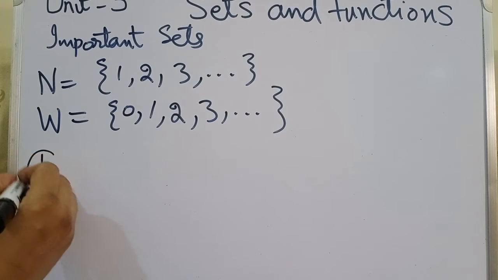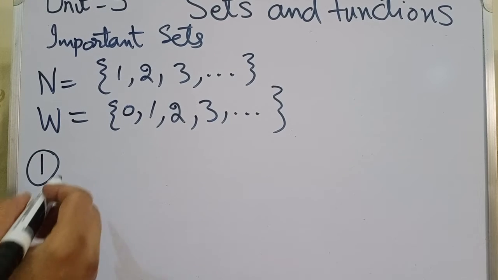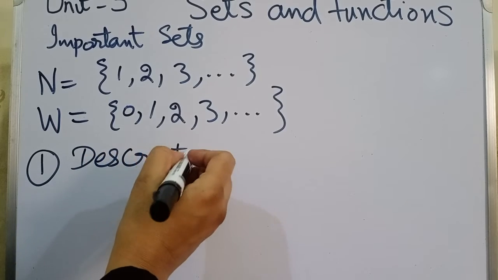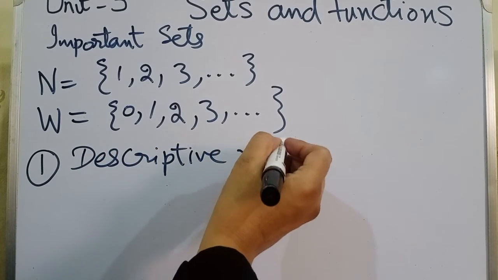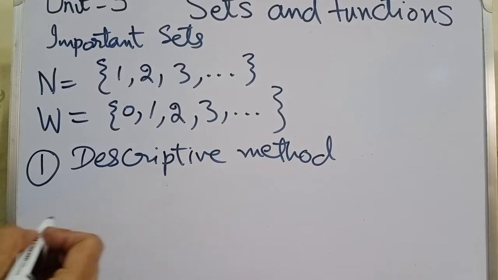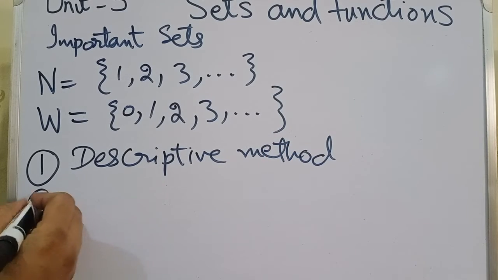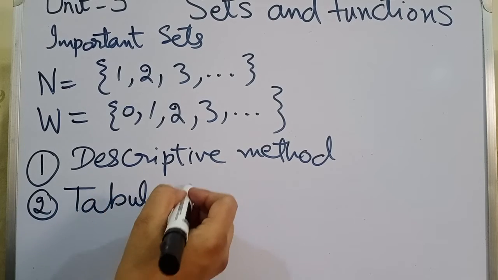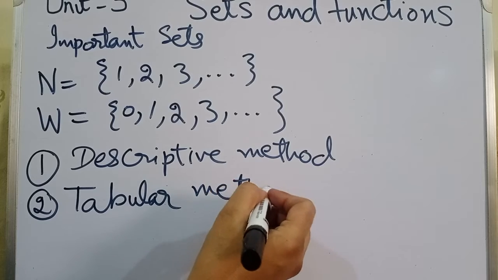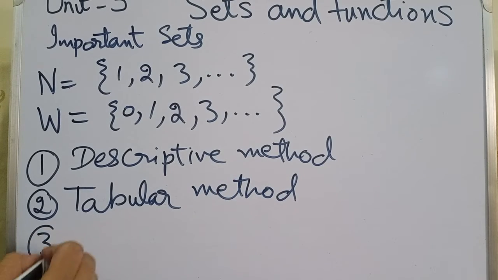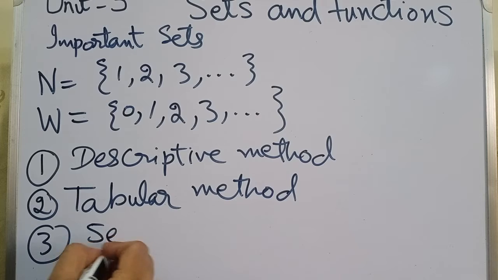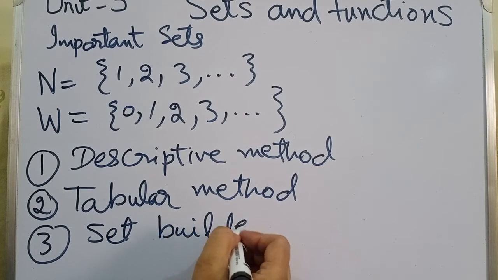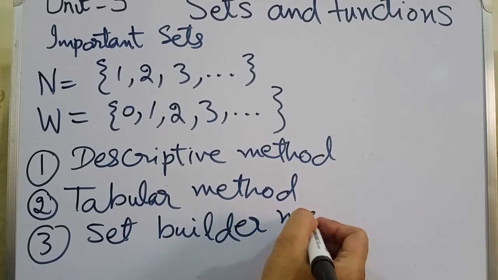Number 1, descriptive method. Second, tabular method. And third is set builder notation, the set builder method.